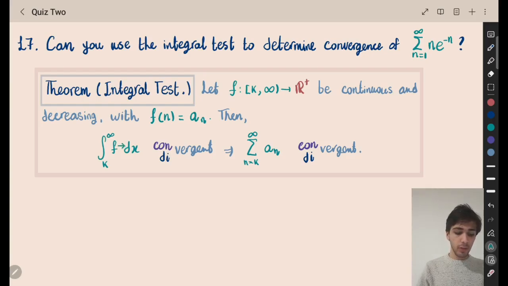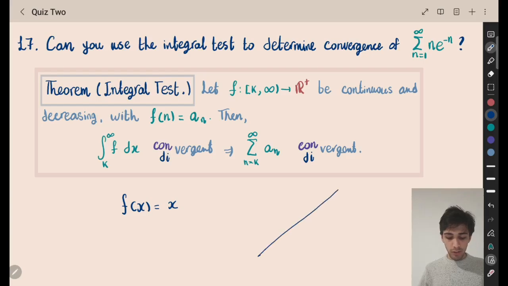So here I have the continuous function, and I'm only considering bits of it, or integer n. So for example, I have f of x is equal to x. This is a continuous function that looks like this.